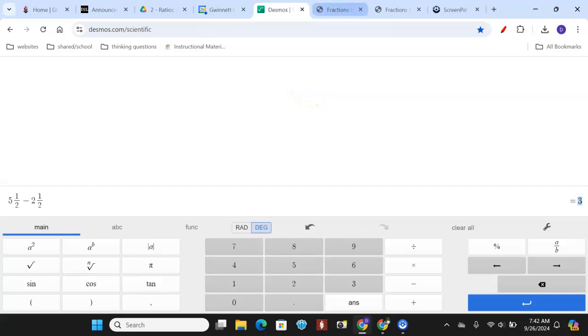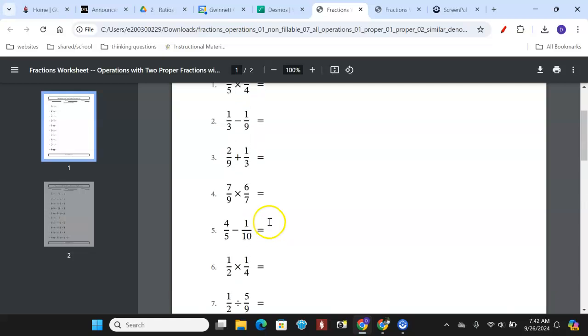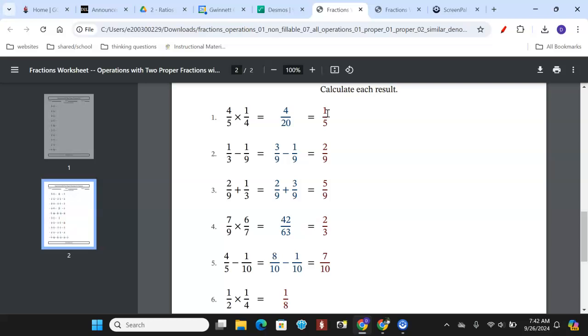So what I've put in the announcement for you to do is just one page of 10 fraction questions, and then their answers so you can make sure you did it right. I know it's weird, but the calculator is so hard to use that I want you to check your answer after you do the calculator. Just the answer, not the work. 1/5, 2/9. But I want you to check your answer just to make sure you're doing it right.